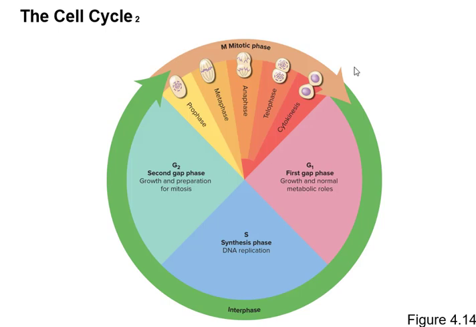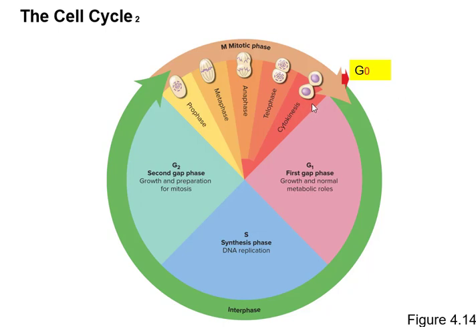So this is a cartoon picture of the cell cycle. And you start out in the first growth phase. So we call it G1. But what they really need to have right here is something that was left off of the picture, so I just went in and I added it.